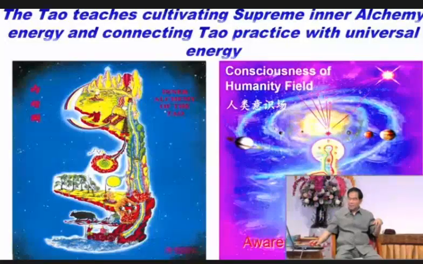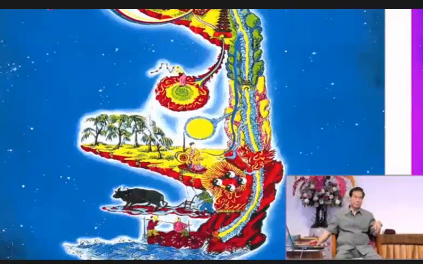So this is a famous picture. We call it a mandala, or we call it the diagram or picture. The Tao look at the body connecting to the nature and the universe. That's all.